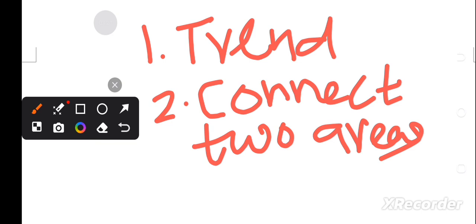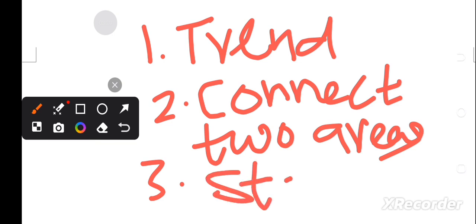Rule number three, trend lines are not static. Let me use the word static or stable or constant. They are not static, they change. As they are changing, you are also adjusting them. We will go to a live chart where you see this.